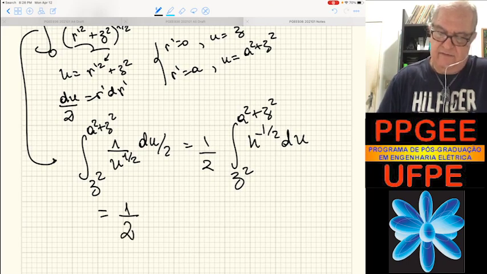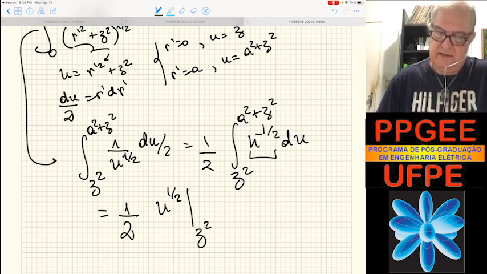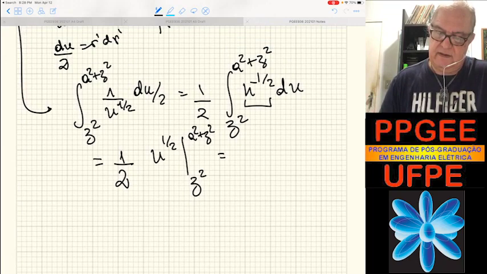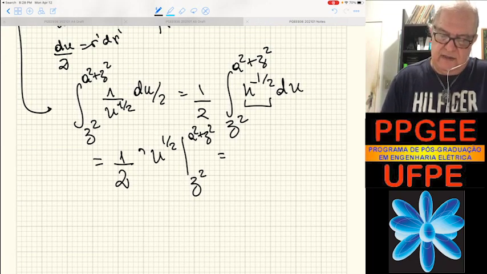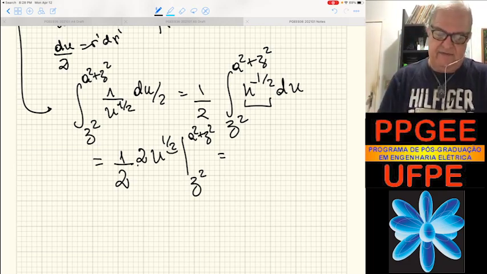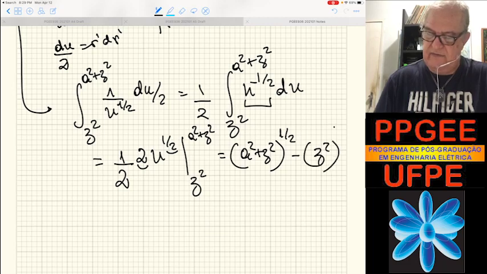Yes, 1/2. So this integral is 1 to the 1/2 from the two limits, z square, a square plus z square. Did I miss something here? Oh, sorry. This is 1 u to 1/2. Sorry. Because the derivative is 1/2 times 2 equals 1. So this is going to be a square plus z square to 1/2, and here I'm going to do like this, minus z square to 1/2.